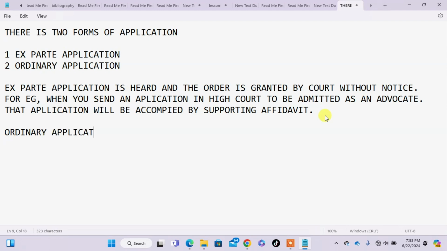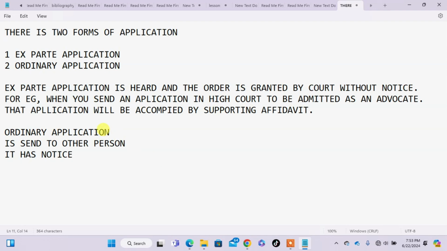An ordinary application is sent to another person, and it has a notice.